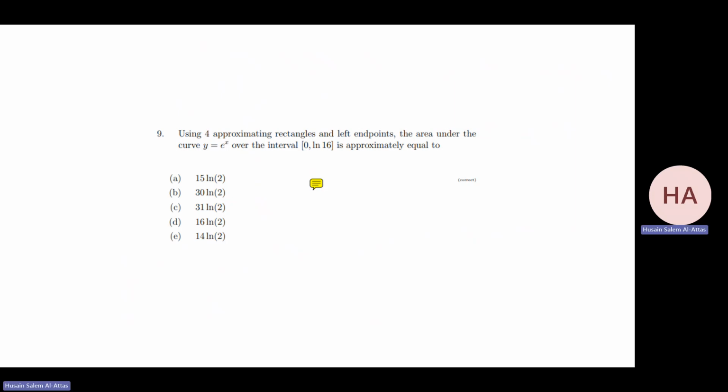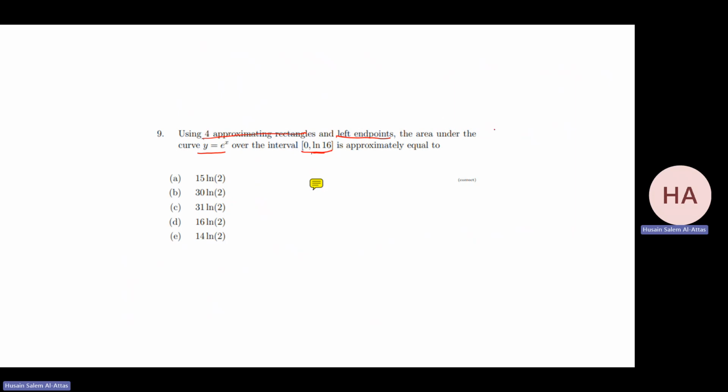Because usually there is a question related to that. Now he wants to deal with the ln and with the exponential so that you can do the calculation. He put the intervals with the ln things. Okay, I need 4 rectangles, left endpoints, under this curve. This is f of x, and this is a and b.